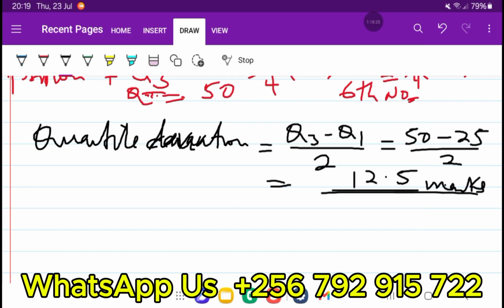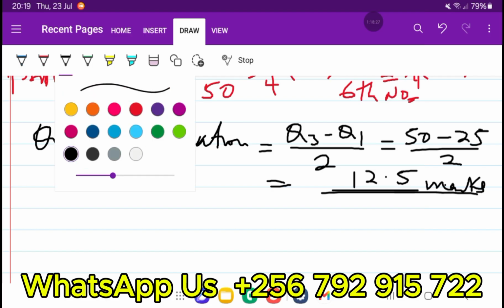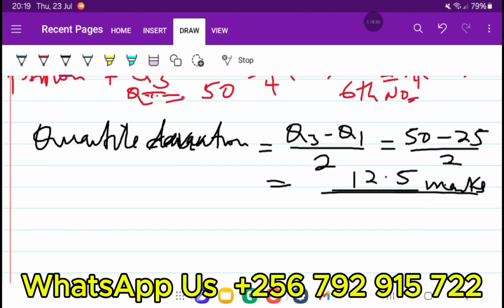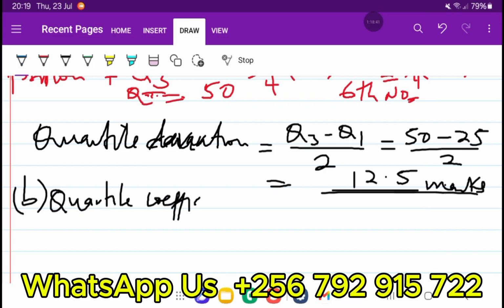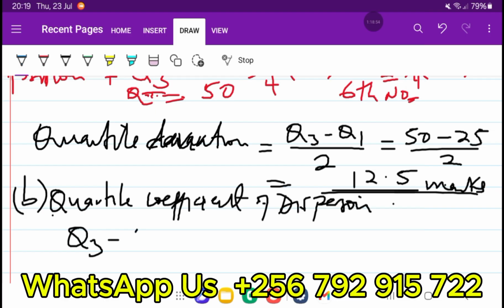So part B, they wanted us to get the quartile coefficient of dispersion. And we say the quartile coefficient of dispersion is Q3 minus Q1 over median times 100.